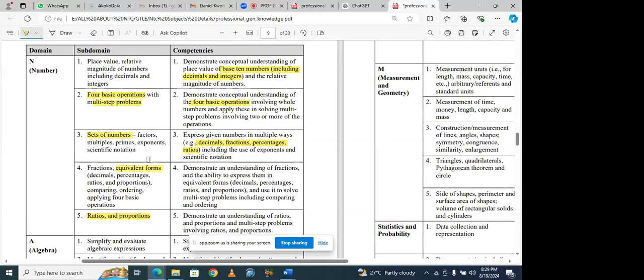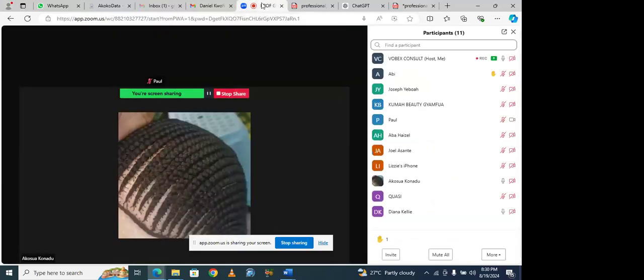We then look at fractions, comparing them to decimals, percentages, ratio, and proportion, ordering of fractions, etc. Then finally, we'll be looking at ratio and proportion. I understand our time will not let us go that far. However, to the extent that we are able to go, I would ensure that we cover and have a deeper understanding of everything essential for us to pass the exam.